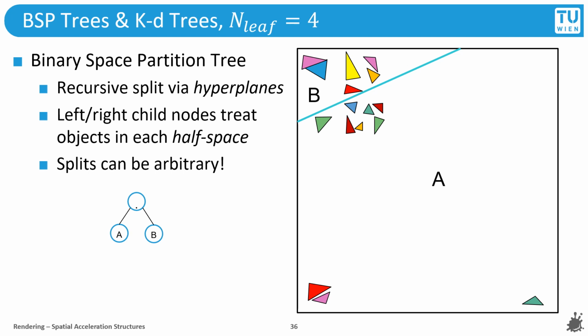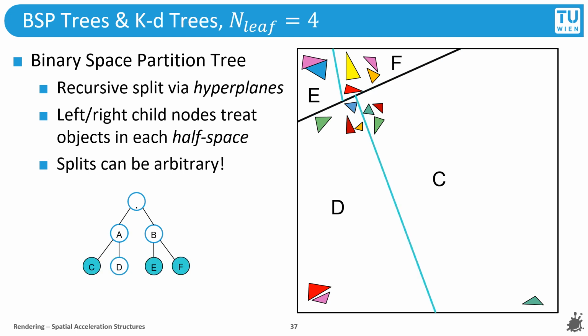Here we see an arbitrarily placed line segment that was chosen by some policy, and the hyperplane divides the scene into the two half spaces, here labeled A and B. On the left-hand side, we see the corresponding tree structure for the binary space partition tree as we keep recursively splitting our scene.